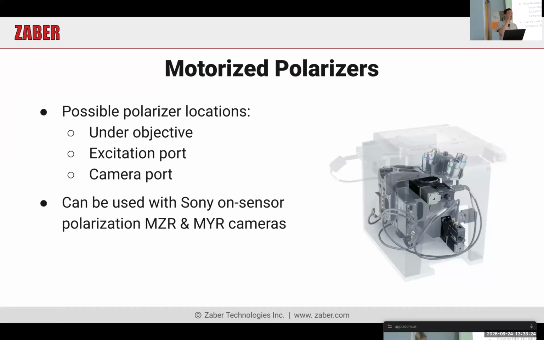You can get the angle and degree of linear polarization rather than taking a motorized polarizer and turning it multiple times and gathering that data. You can do this in a single shot, although you trade speed for spatial resolution because you are interpolating between those pixels rather than measuring it directly. But they're really cool cameras.